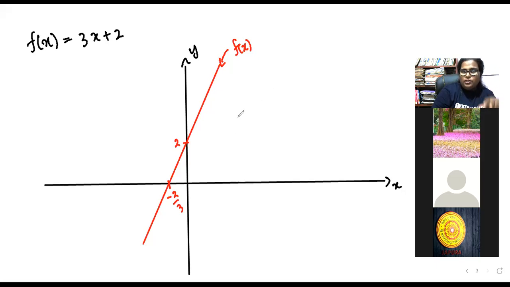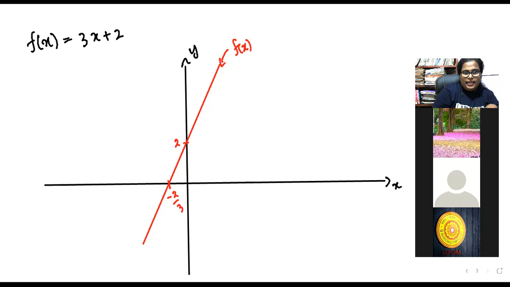So you should mark these two clearly. And after you draw this f(x) function, you know that the inverse function graph can be taken by considering there is a mirror in the line y equals x.